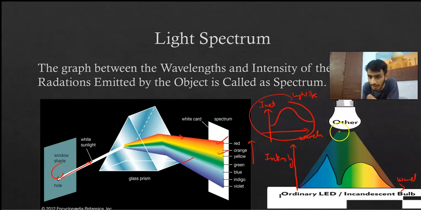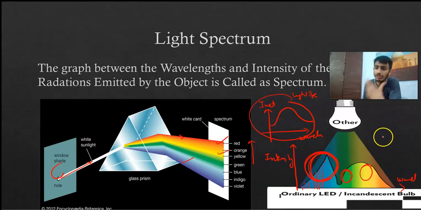The bulb is emitting blue light in this region, then we have green light here, then yellow light, and the intensity is reduced as we go toward both ends. So this is a particular spectrum of the bulb.